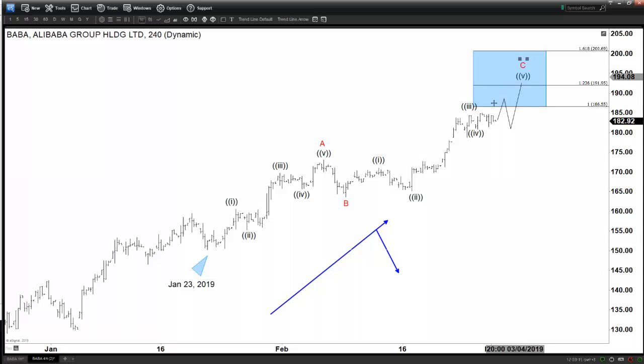But until then, we can continue to go higher, and this is what we are calling the primary view.